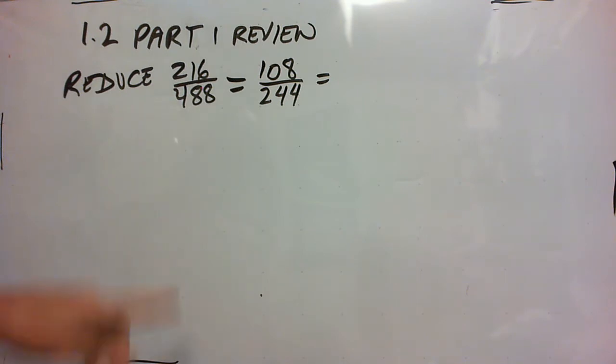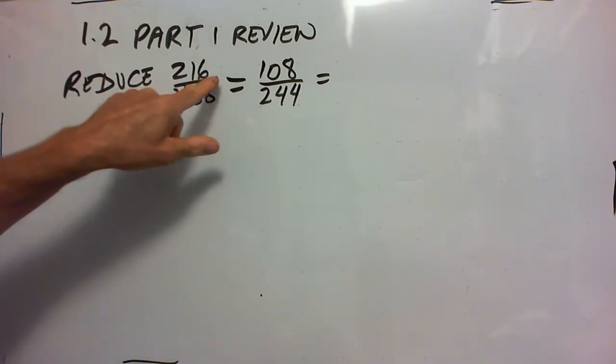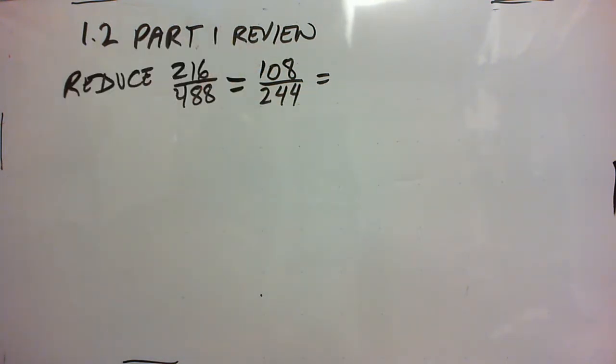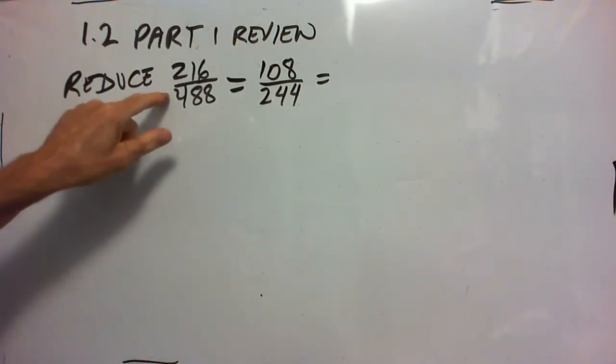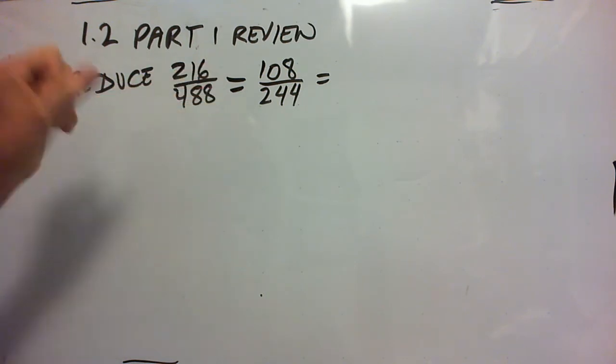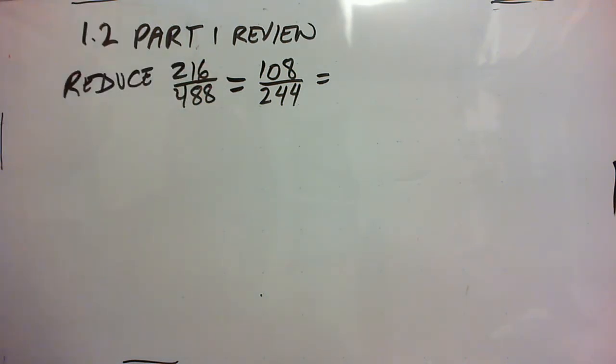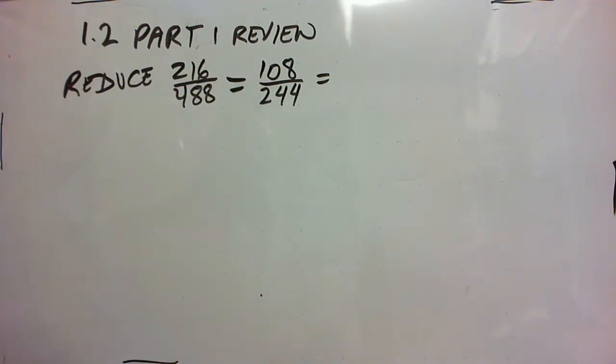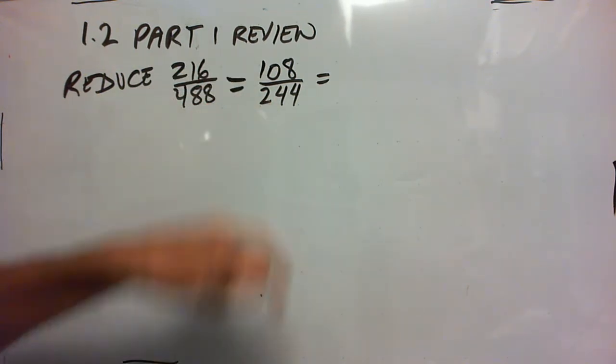Now the idea here is to keep dividing the numerator and denominator by the same numbers until you get the smallest possible fraction. Well, they're both even numbers, so you know they divide by 2, so we can just cut the fraction in half, numerator and denominator. We get 108/244.